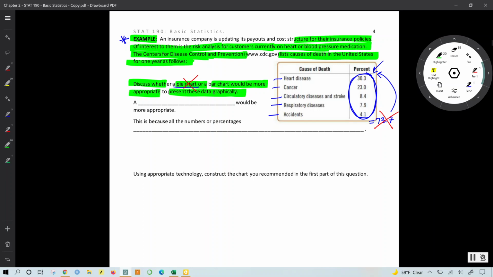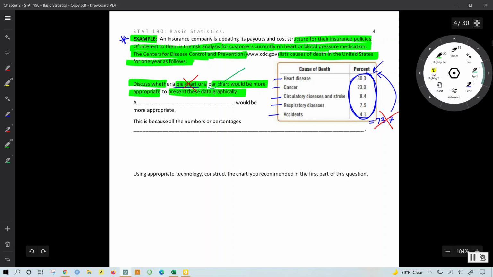Please note that you should not use a pie chart if you do not have all of the pieces of the whole together. In this example, we can see an instance of that, and that is why we are not going to use a pie chart. Rather, we will be using a bar chart.